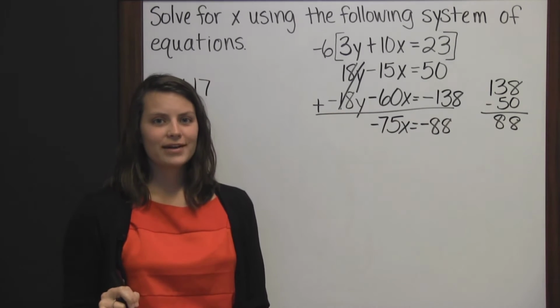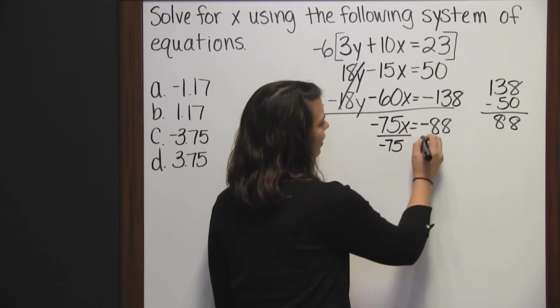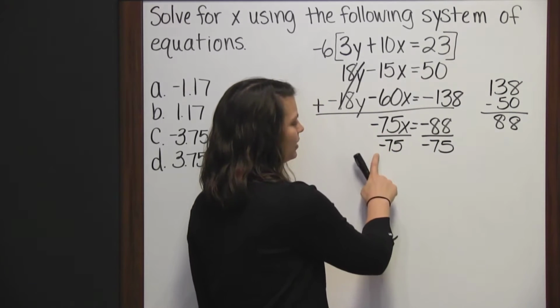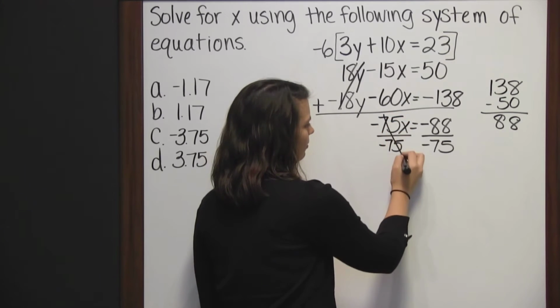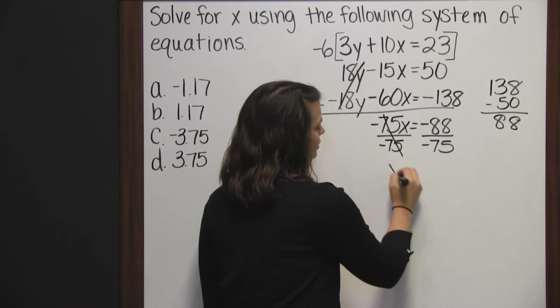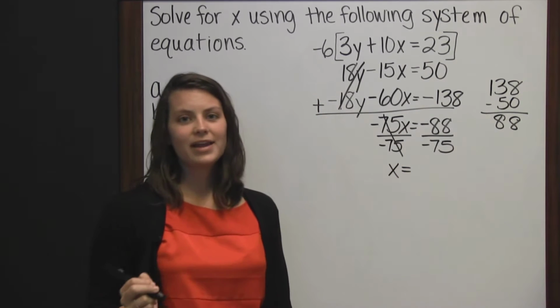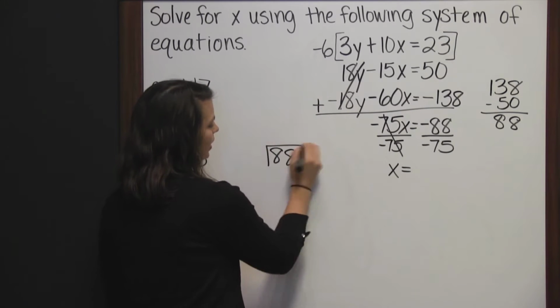Finally, to solve for x, we need to divide both sides by negative 75. A negative divided by a negative is a positive, and 75 divided by 75 is 1, times x is x. And again, a negative divided by a negative will give me a positive, and we can divide those off to the side.